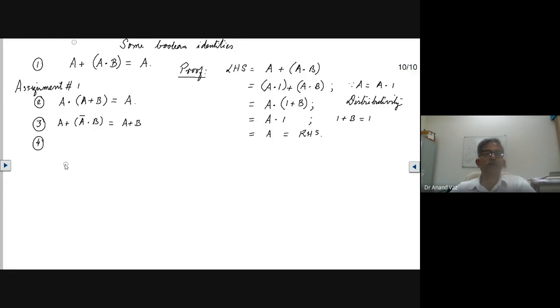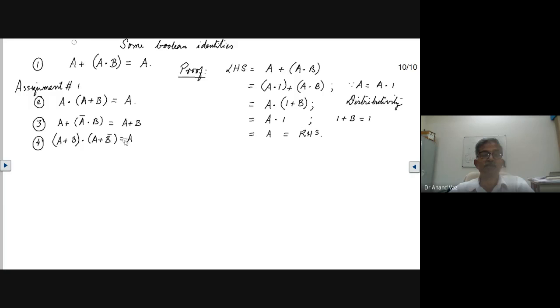Okay. You can also prove (not A or B) and (A or B) and (A or not B)... this is equal to A. Right out.